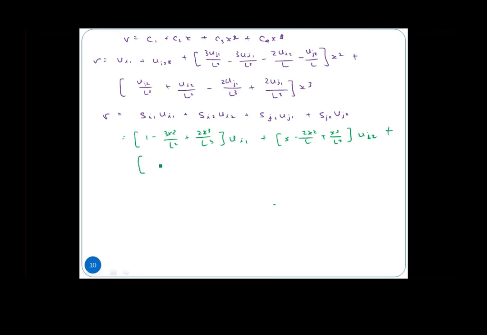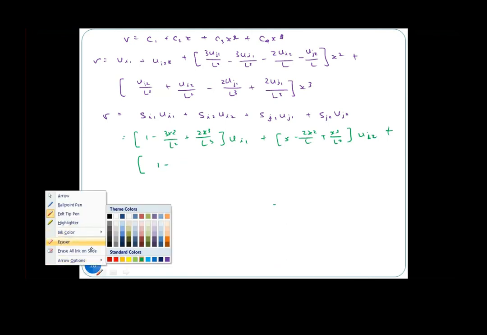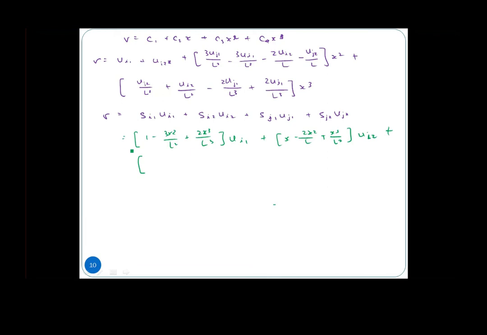Here if we arrange it, basically we rearrange only here. Related to ui1 is this, right? Then we have ui1 is this, with the ui2 is this, then ui2 is another one, here and here.